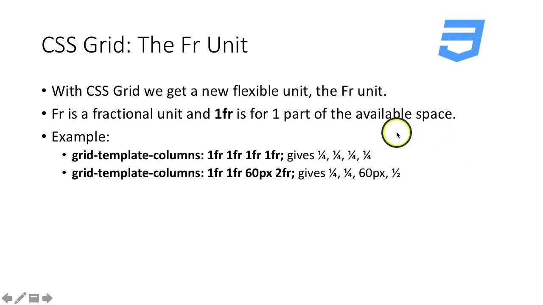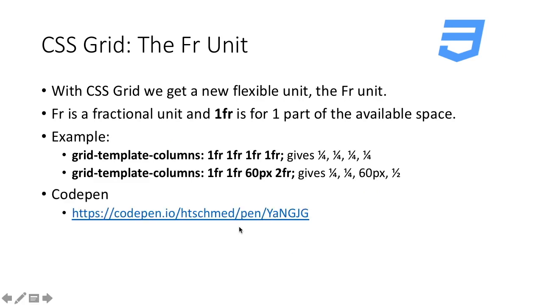And the second example I have 1 FR, and then 60 pixels, and then 2 FR. What that's going to do is quarter, 60 pixels, and then half. So it essentially takes the 60 pixels out of the width, and then divides up the rest of the available space left among the fractional units.